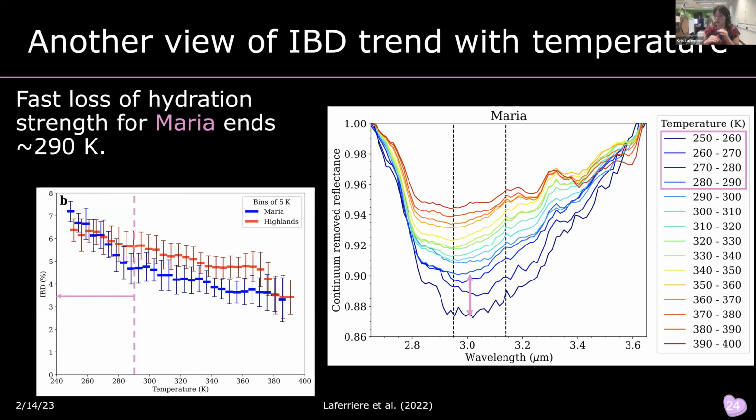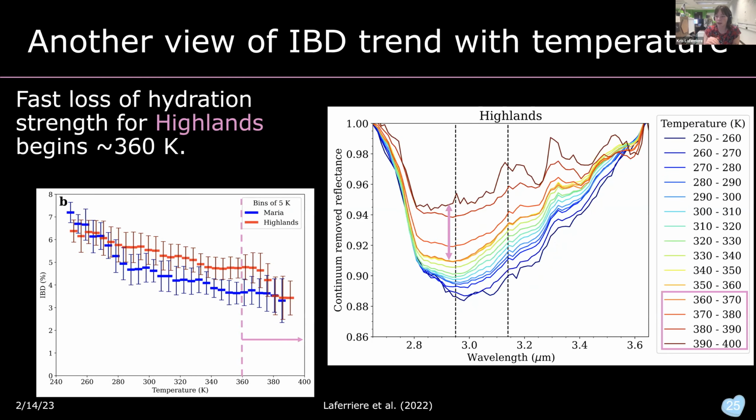So we're seeing a lot of loss of hydration strength pretty quickly as we approach 290 Kelvin. For Highlands, we see the same thing, but at the other end. At the highest temperatures, we see this really fast loss in band depth, whereas at lower temperatures, a lot of these bands are pretty squeezed together with similar band strengths.